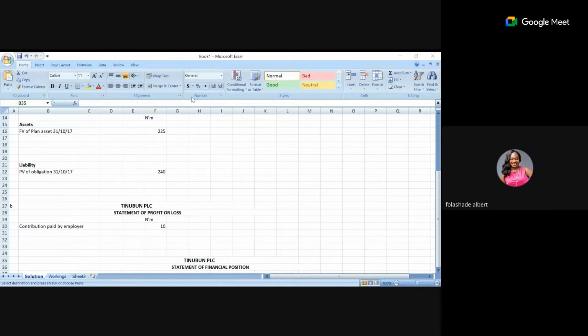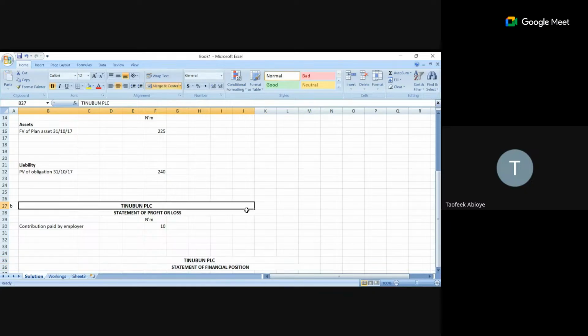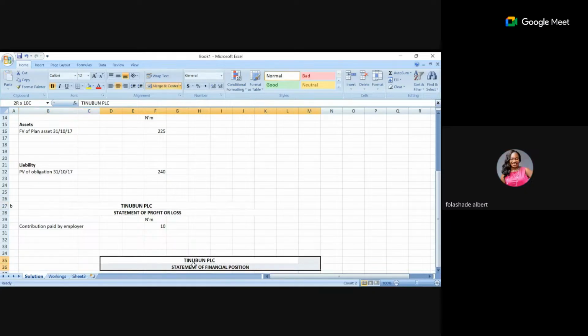So if we have not paid it, it will be liability. If you have not paid, we just come to our statement of financial position here. We just put it as a liability. But in this question, they told us now, they said contribution paid.